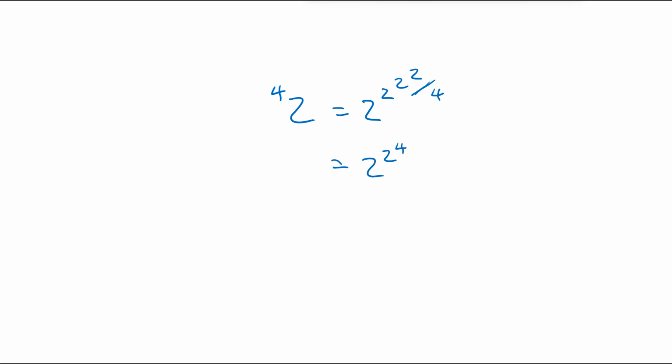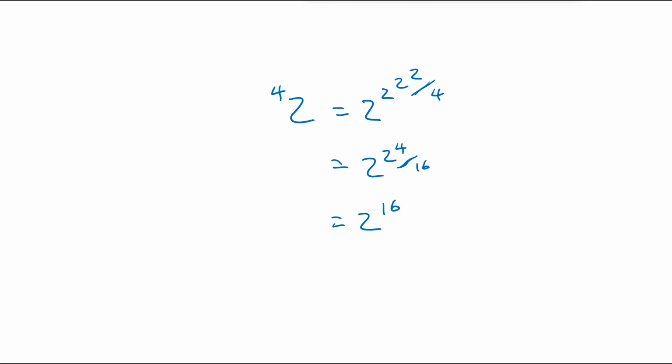And now we do the next part. Well, 2 to the 4th power, we just did this one. That's going to give us 16. So now we have 2 to the power of 16. We could go 2 times 2 times 2 times 2 times 2 times 2 times 2 times 2 times 2 times 2 times 2 times 2 times 2 times 2 times 2 times 2. We need 16 of them. We could do that, or we could just reach for our calculator.